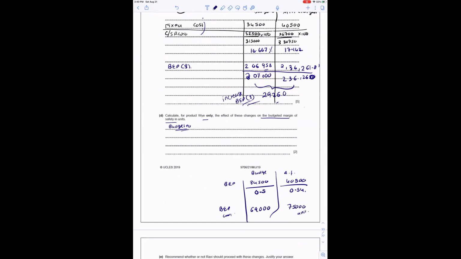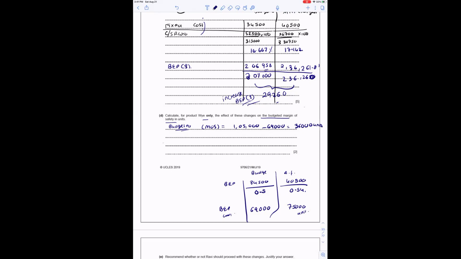As per the budgeted plan, the margin of safety is equal to 1,05,000 units, the actual sale, minus 69,000, the break-even units. So the margin of safety is 36,000 units.